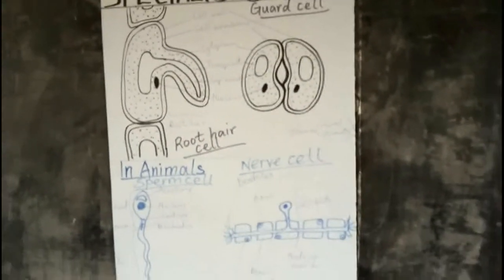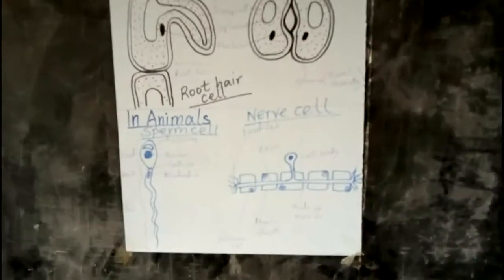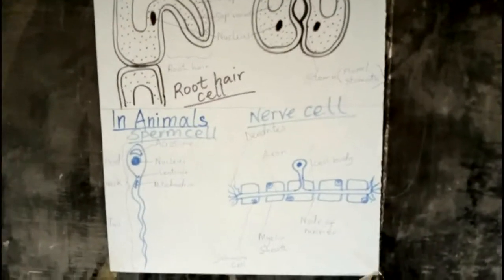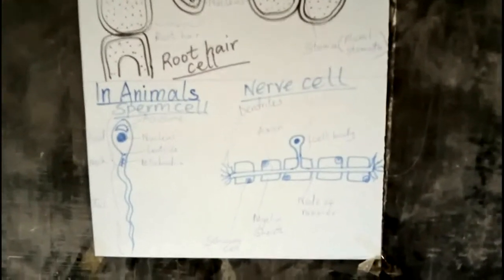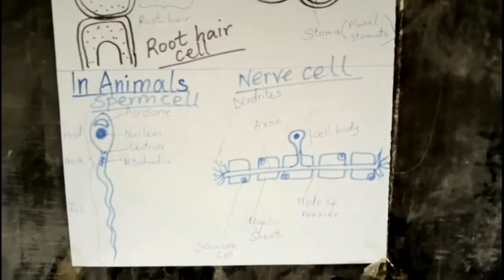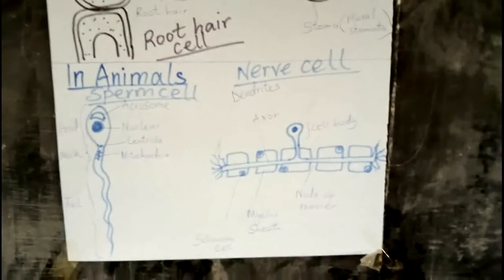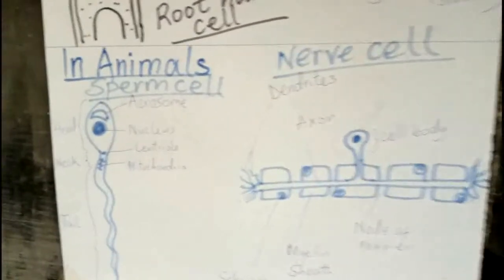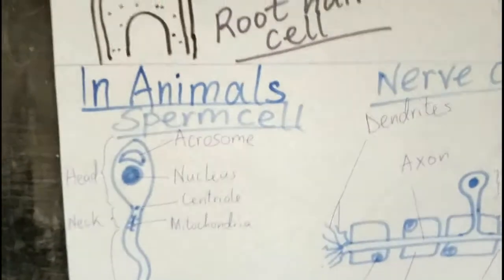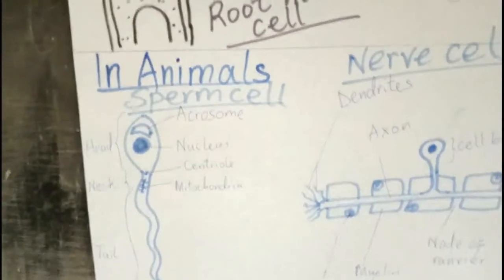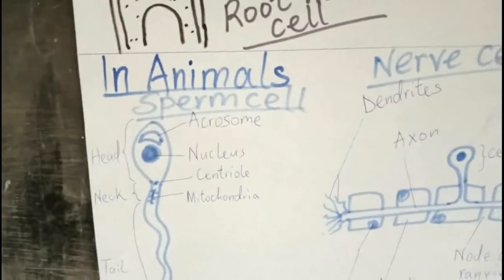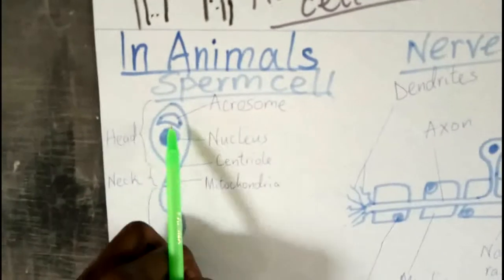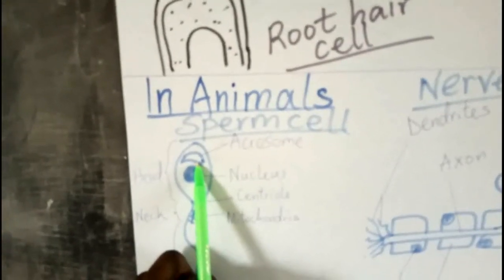Let us look at the specialized cells that are found in animals. In animals, we have the sperm cell and the nerve cell. We are going to look at those two. When you look at the sperm cell, there is an additional part that makes it unique. That is presence of this structure that is called the acrosome.